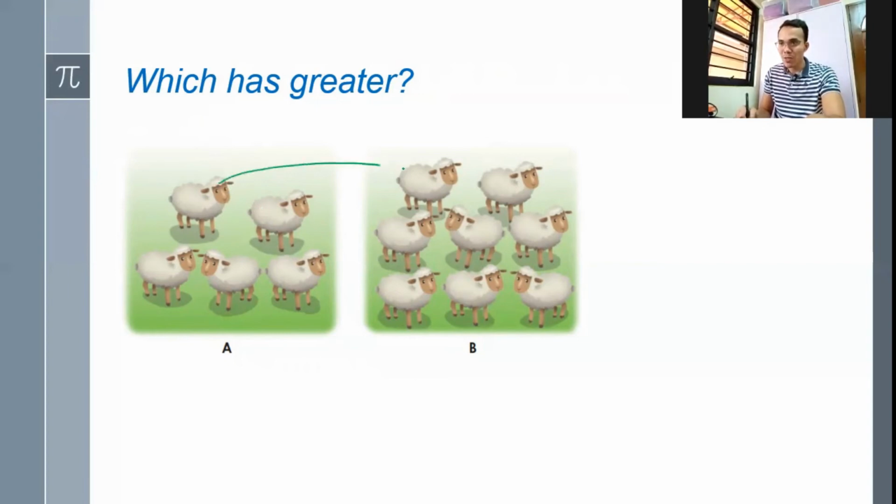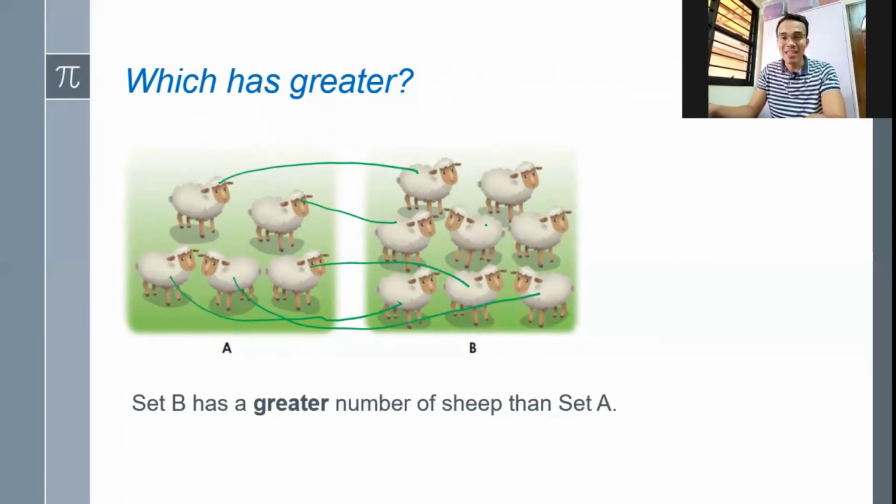One sheep to one sheep, one sheep to one sheep, this one over here, this one here, and finally this one over here. Group B has excess or extra sheep. It means group B has more sheep. It means set B has greater number of sheep than set A.